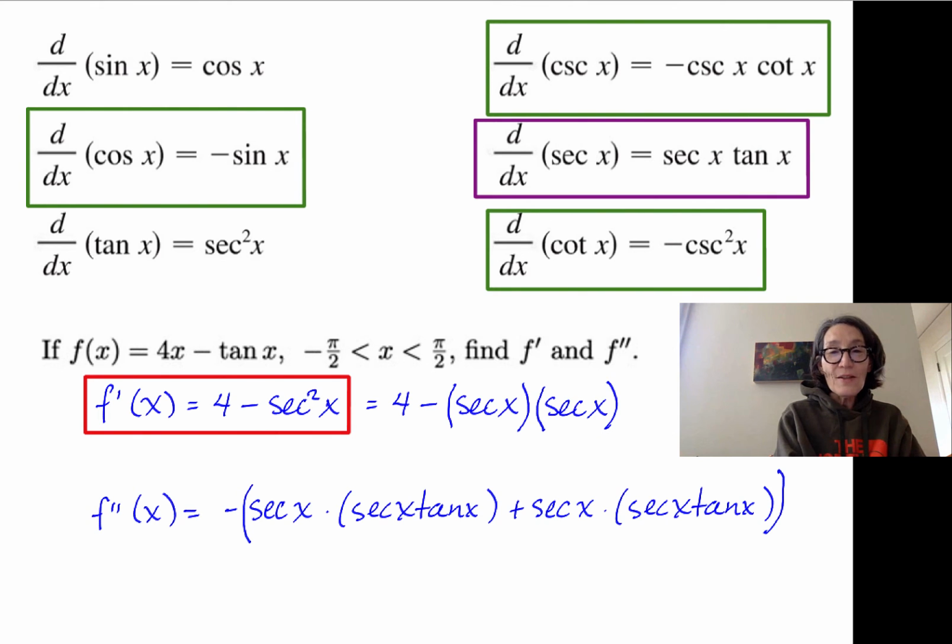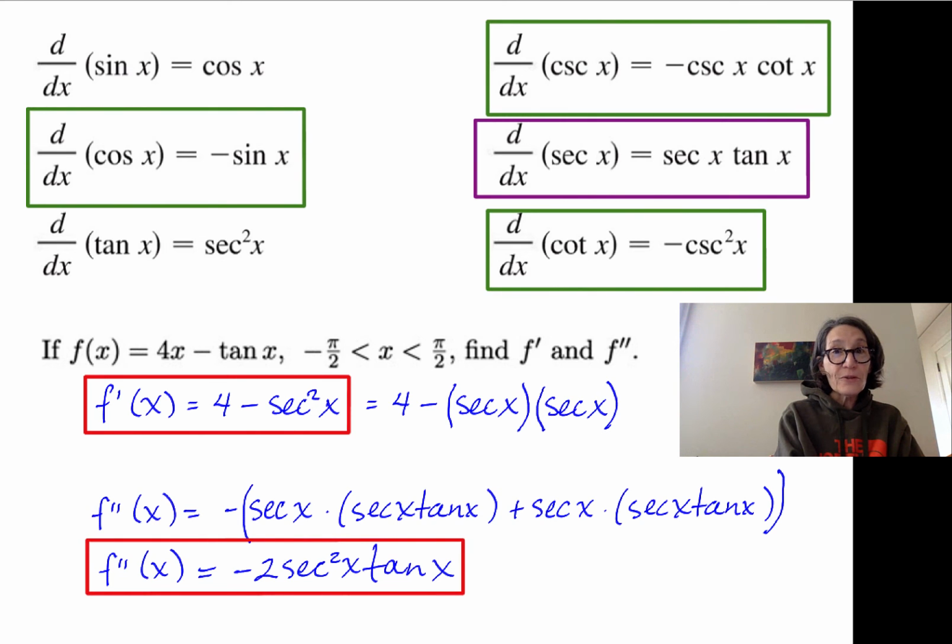And then to simplify this, we notice we have secant squared x tan x plus secant squared x tan x, and it all has a minus sign in front of it. All right, that's the derivative of the first derivative, and it's called f double prime.